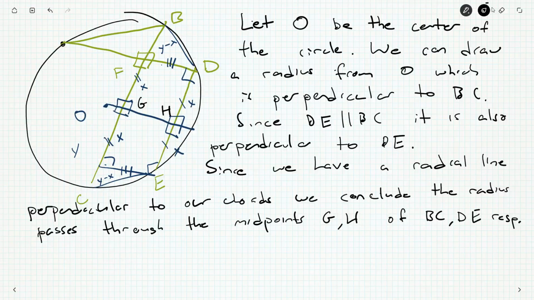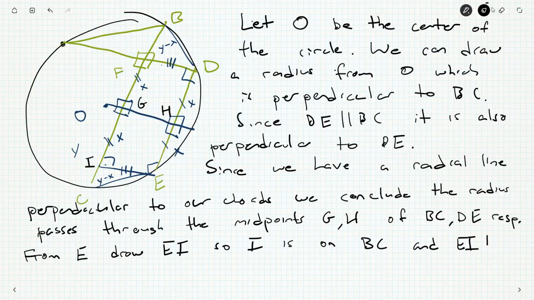Now, I want to talk about this line. Draw, and we'll call him, I guess, from E, got EI, so I is on BC, and EI is perpendicular to BC.